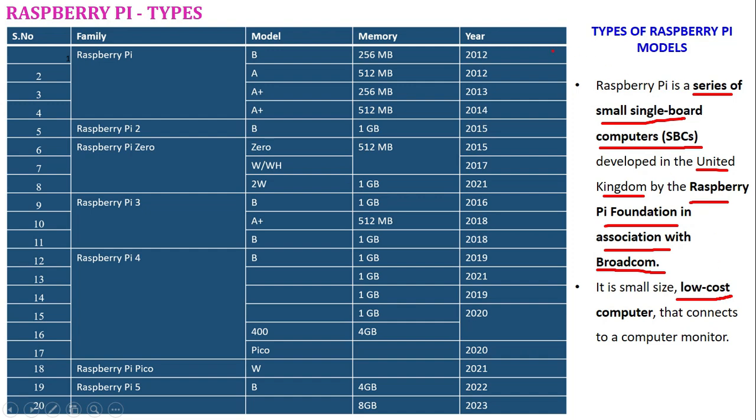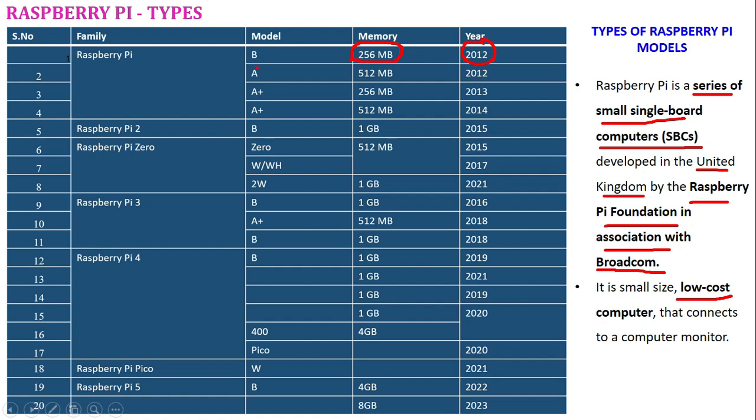Since its inception in 2012, we have a lot of module variations in terms of processor, memory capacity and processing power. Initially the Raspberry Pi B model, which has a memory capacity of 256 MB, was introduced.